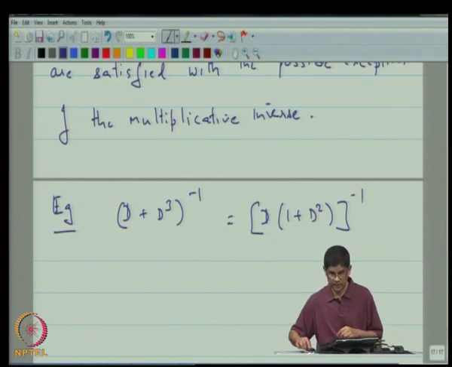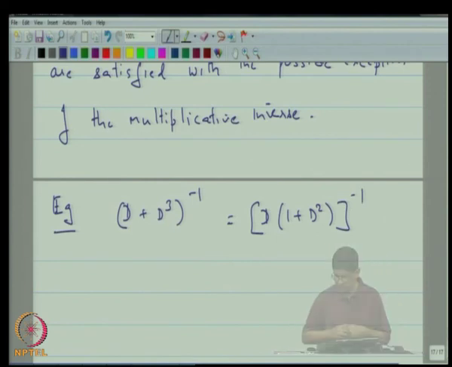Now, I see from my clock that I have about 2 minutes to wind up. So, let me not pursue this example, we will do the computation next time. Perhaps I should spend my time just recapping. The first part of the lecture was concerned with standard array decoding, and we figured out how to carry out performance analysis by way of analyzing bit error probabilities and code word error probabilities.